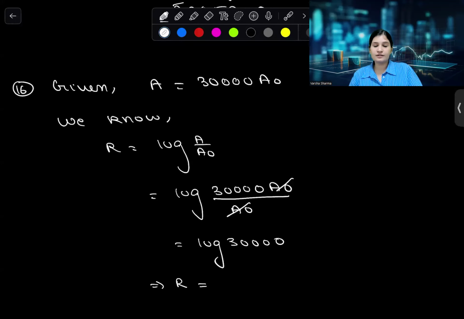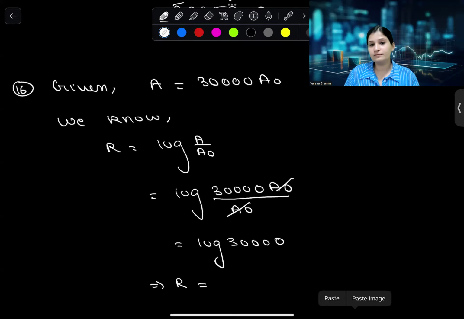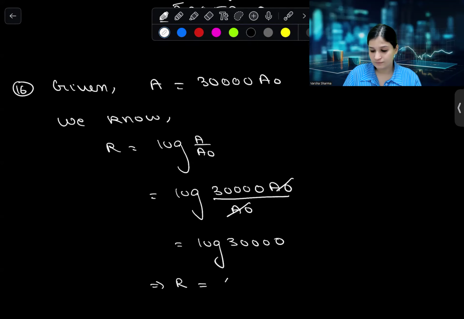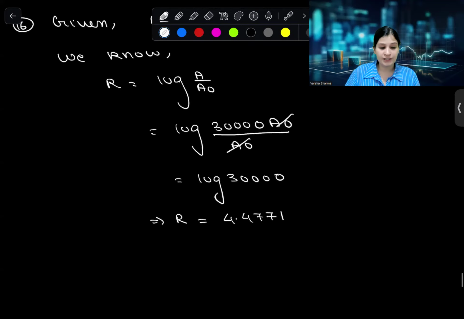What is log 30,000? It is 4.4771. But they asked us to find till 2 decimal digits. So for 2 decimal digits, the third digit is 7, so it will become 48.